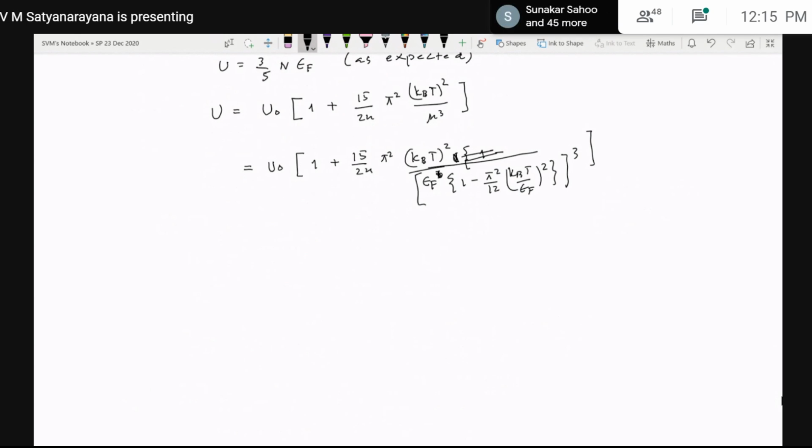So you can write this as u naught into 1 plus 15 by 24 pi square into k_B T whole square divided by epsilon f cube into 1 minus pi square by 12 k_B T whole square divided by epsilon f square to the power minus 3.